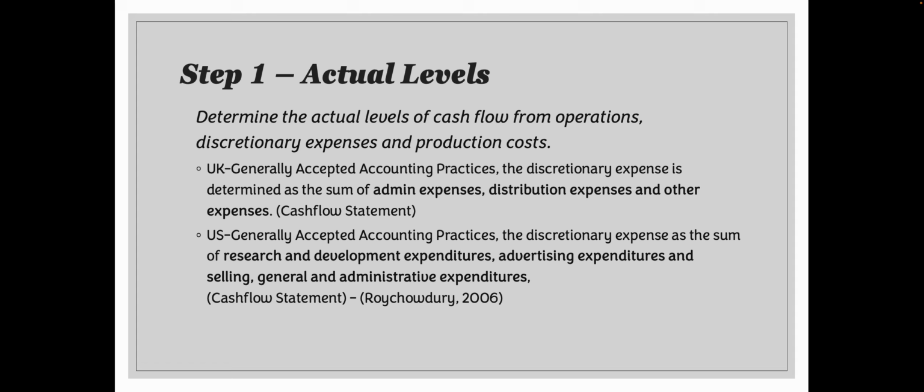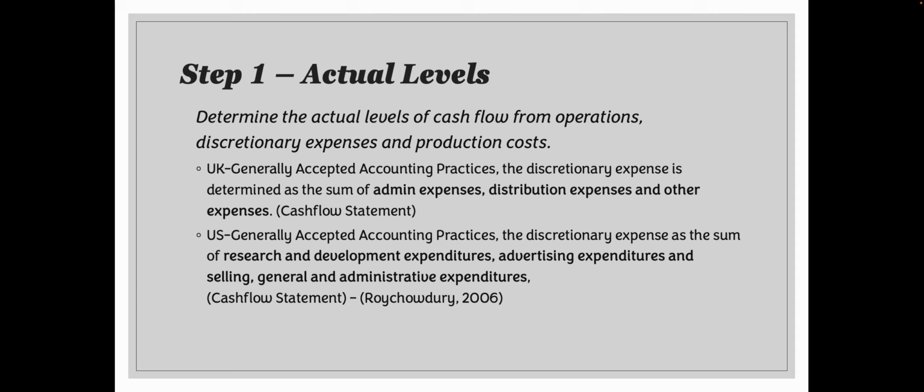Now, if you are a student in a country where USA generally accepted accounting practices are defined, the discretionary expenses are the sum of research and development expenditures, advertising expenditures, and selling, general and administrative expenditures.